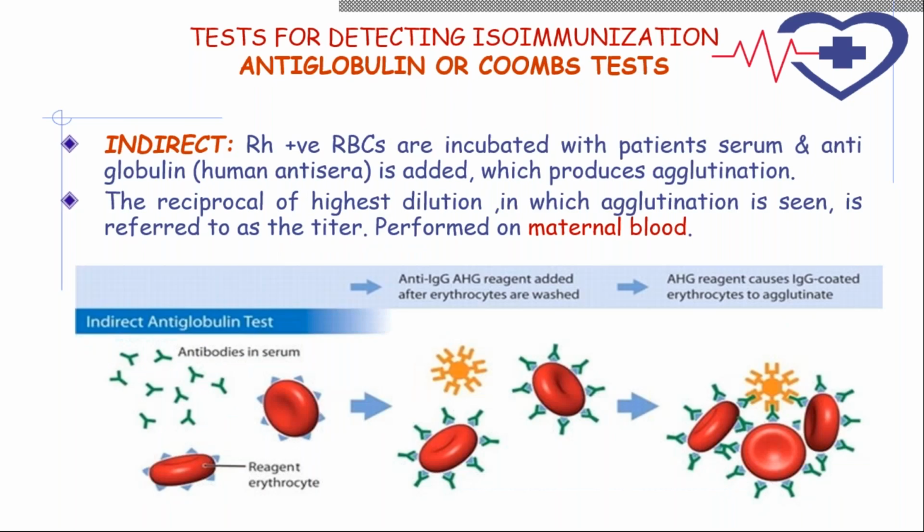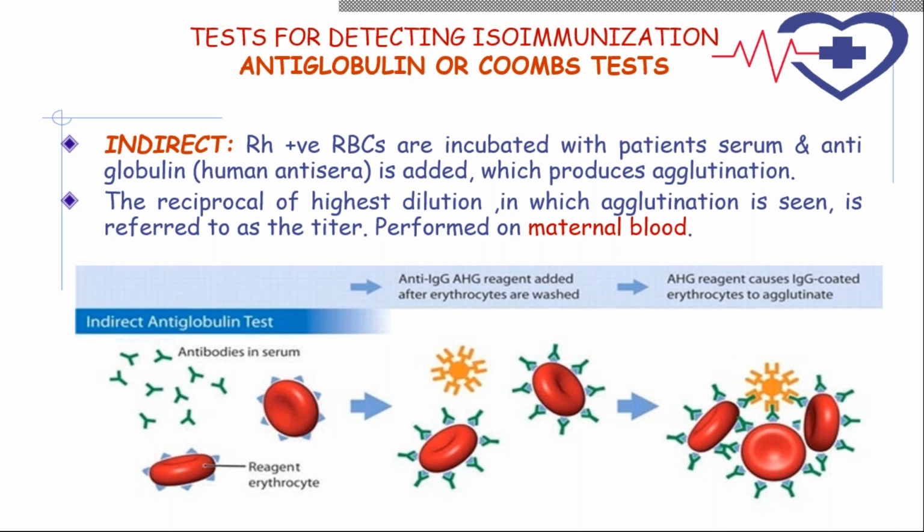If you see the figure, they have written indirect antiglobulin test. These RBCs in the first figure are not the RBCs of the mother. These are extraneous RBCs which have the Rh positive antigen present on their surface. Am I right, Soumya? Yes, ma'am.